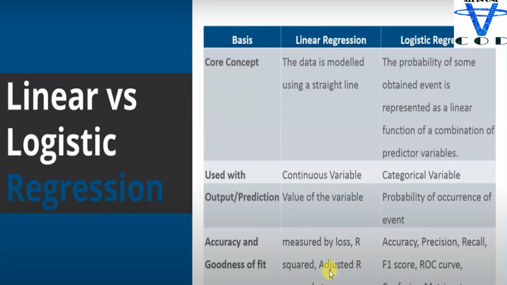Here it is measured by loss R, and here accuracy, precision and recall, and here squared adjusted R square etc. So these are the methods to find the loss and fit the data, and here F1 score, ROC curve, confusion matrix etc. These are the methods to fit the data.